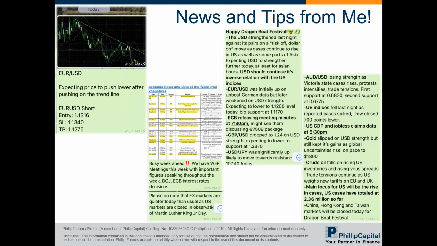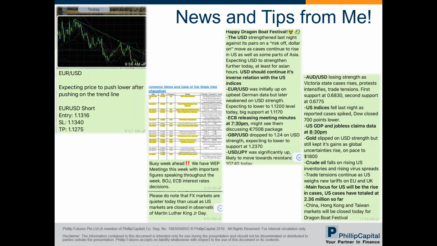Then the second one, we have the economic data table that I would be sending to you on a weekly basis. I also highlight if there are any holidays for the day. If the US market is closed today, I'll also be highlighting that. And then the last two would be the daily news updates. So you can just take a quick glance.